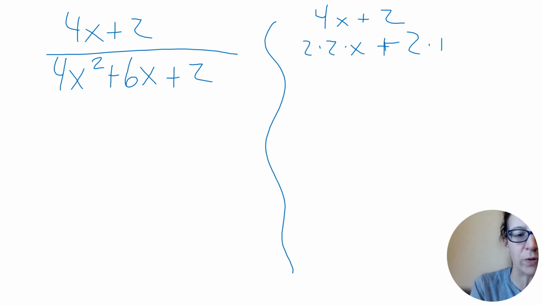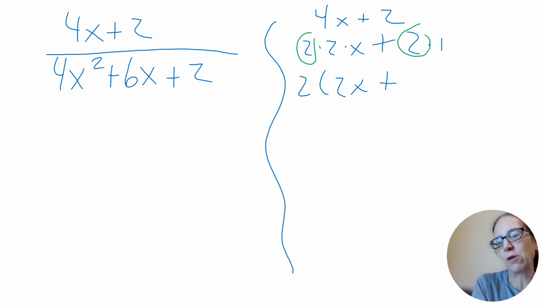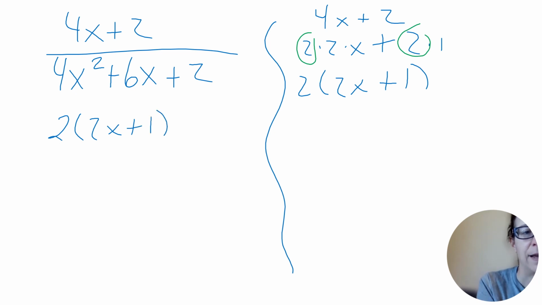That might be important to just remember, especially on this particular problem. Because when I factor out the common factor, we will be left with 2x, and then a lot of times students will say, oh, I'm left with 0. No, you're not left with 0, you are left with 1. And so my numerator is 2 times 2x plus 1. And again, I am expecting to see in my denominator either a 2 or a 2x plus 1, maybe both. I don't know. Let's take a look.